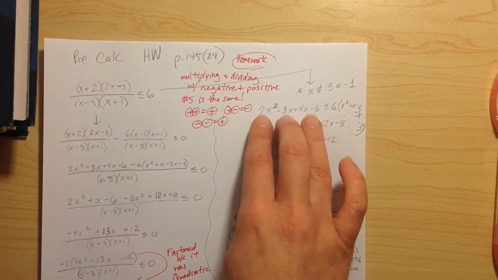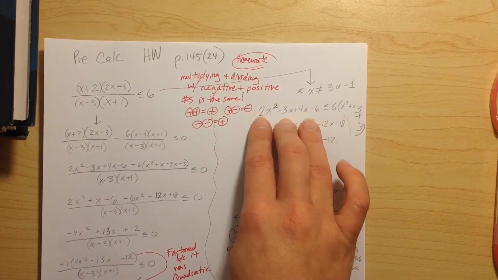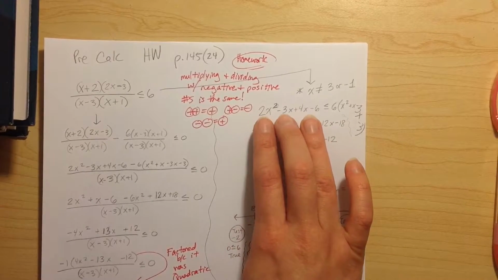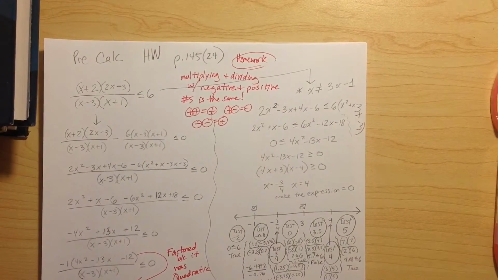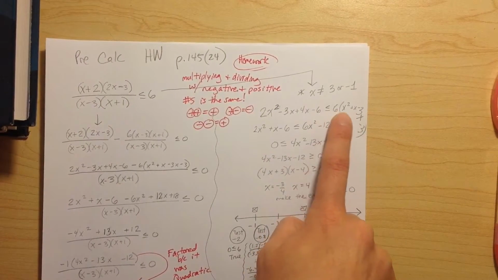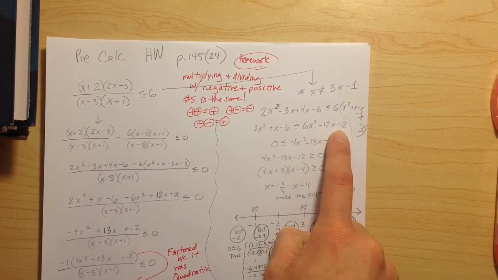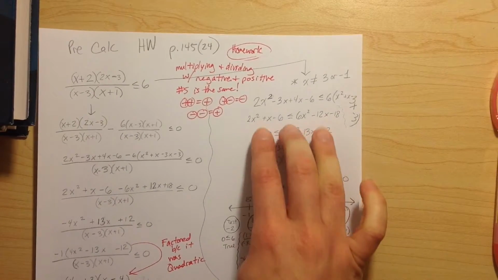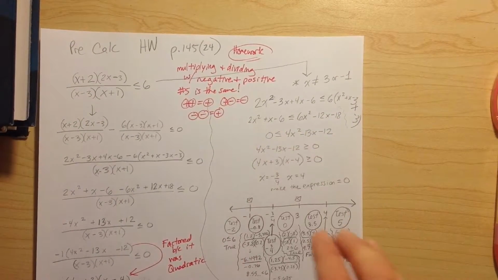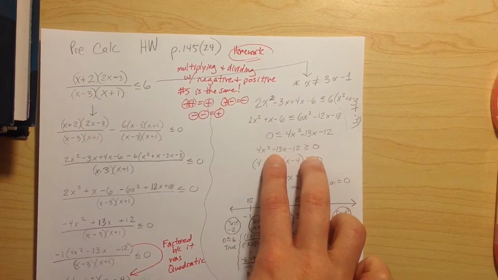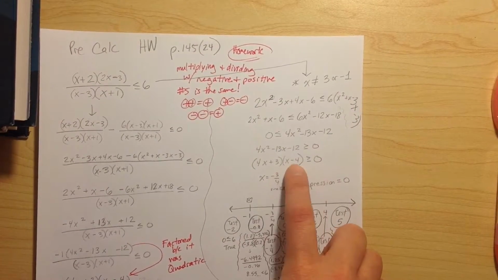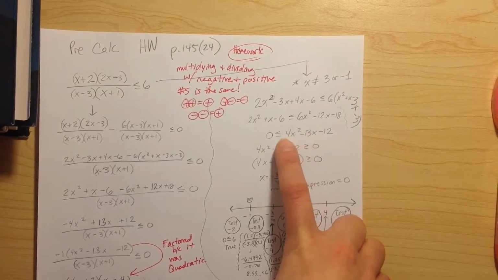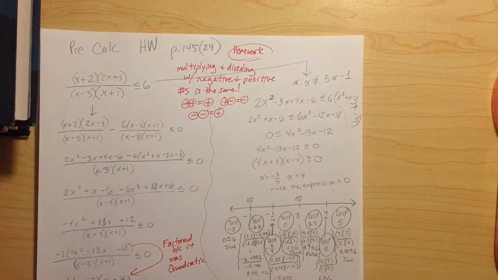That gives me the x plus 2 and the 2x minus 3, and when I FOIL it, I get this over here. When I FOIL the 6 with the x minus 3 and the x plus 1, I get this piece over here, eventually, once I distribute the 6. Combine your like terms. You eventually have to get it equal to 0 anyway. Because it is quadratic, you have to factor it, but the way I moved my pieces around, it wasn't negative this time, because I just moved everything to the correct side.